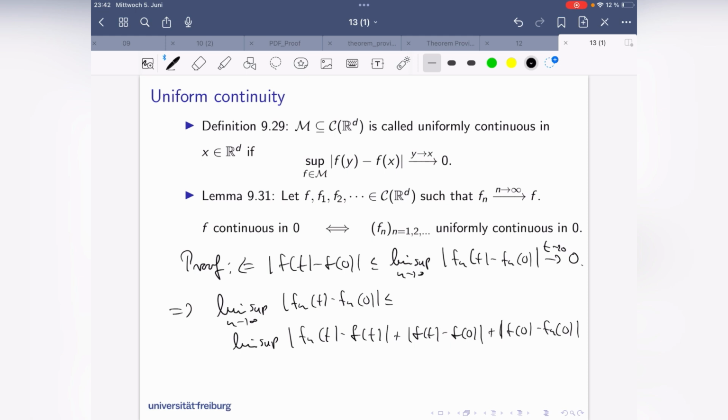And recall we have continuity at 0. So if n goes to infinity, this converges to f of t, which means this goes to 0.